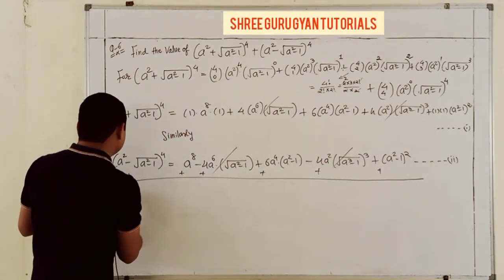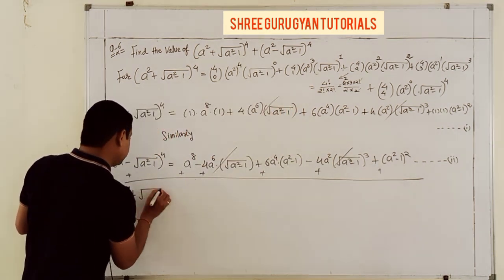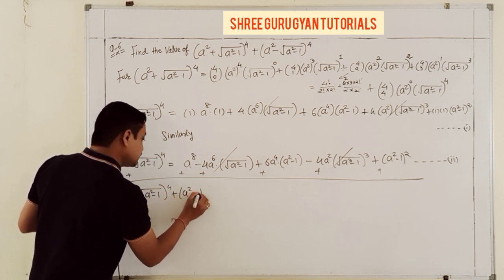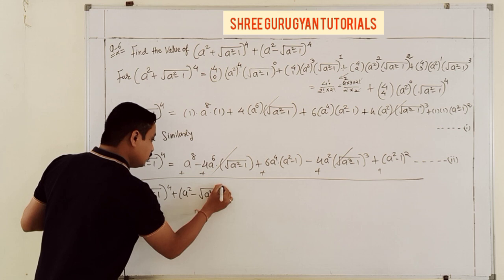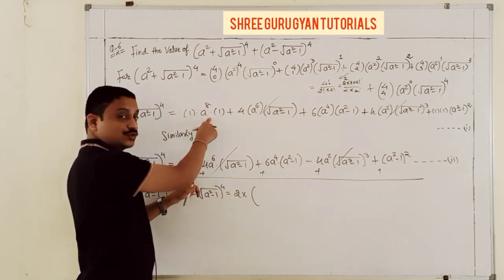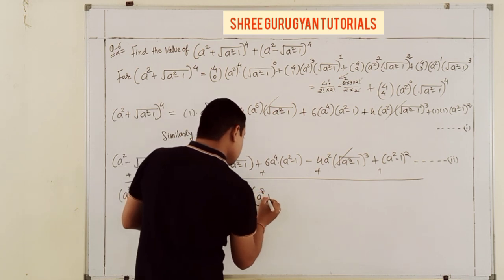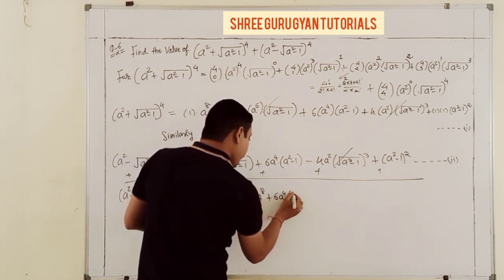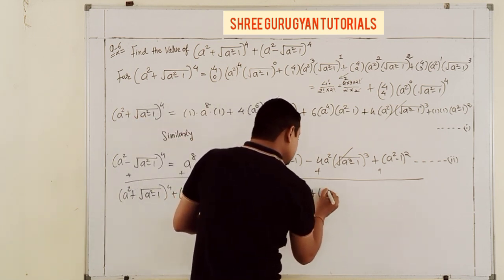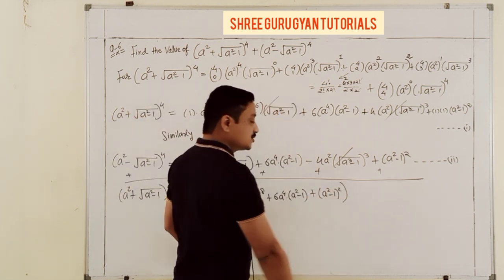Other we have to a square plus a square minus 1 the 4 power a square minus the 4 power is equal to 2 times, yes, a raised to 8, a raised to 8, 6 a raised to 4 a square minus 1, and that is a square minus 1 the whole square.